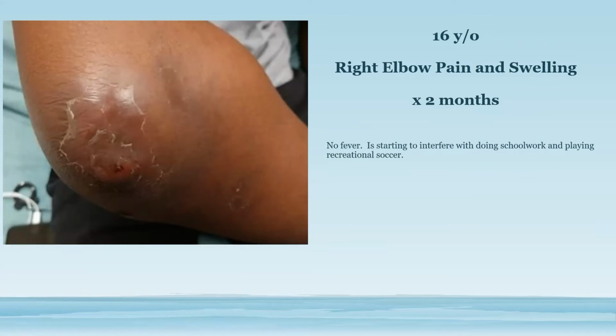He's right-hand dominant and was having trouble. This was all during part of the COVID lockdowns, involving virtual schooling, so he was having trouble using his mouse and his computer, and he likes to play recreational soccer. In fact, he thinks he fell, and that's what first made his elbow start hurting.